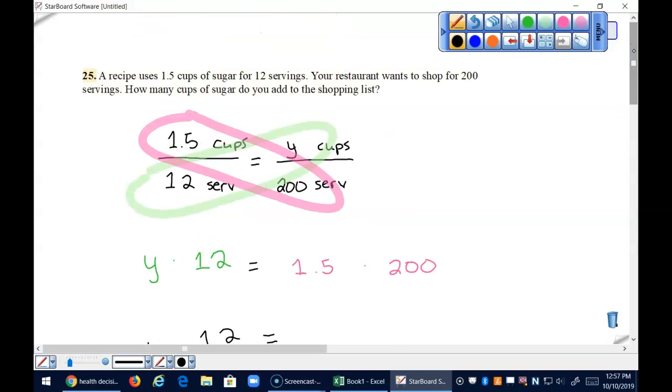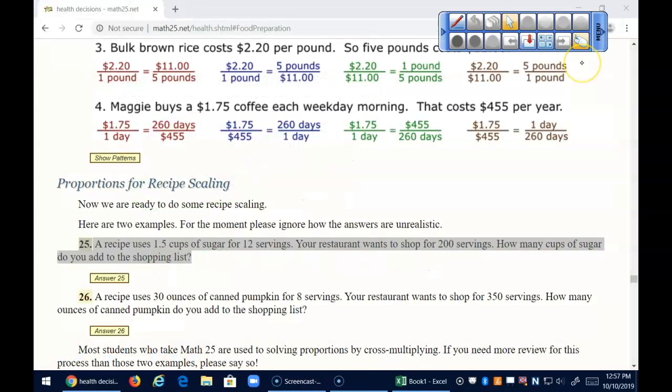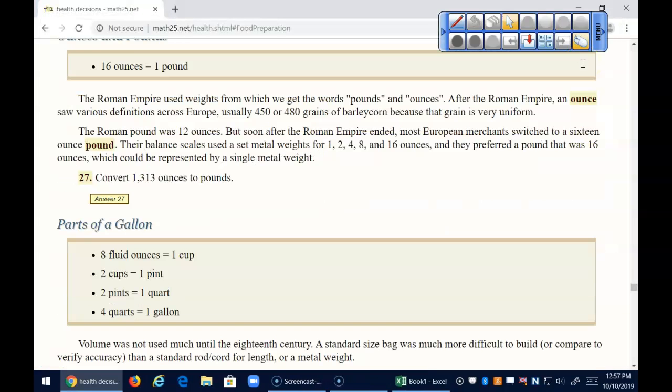If you're thinking 1.5 cups of sugar per 12 servings, and per means divide, there's going to be a divide by 12 for some reason or another.